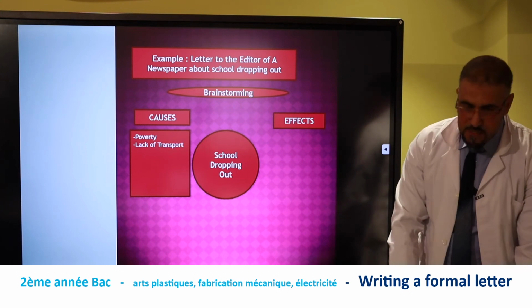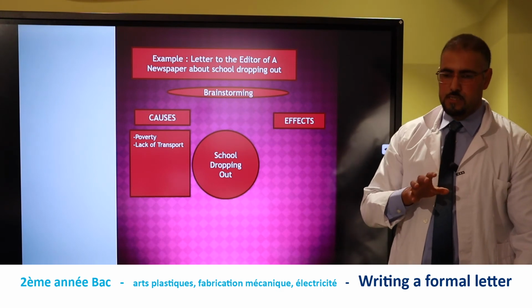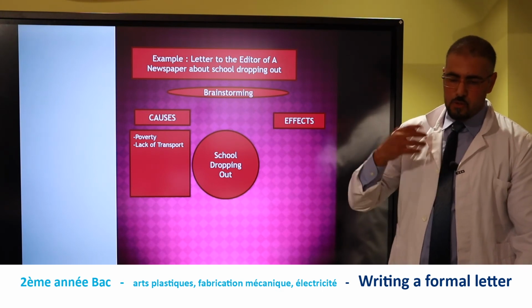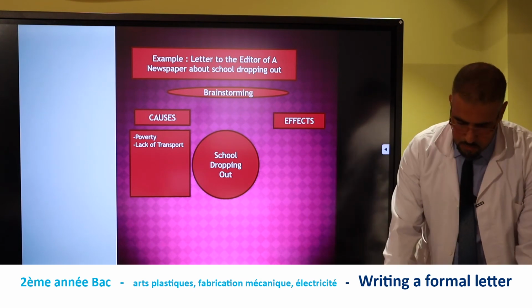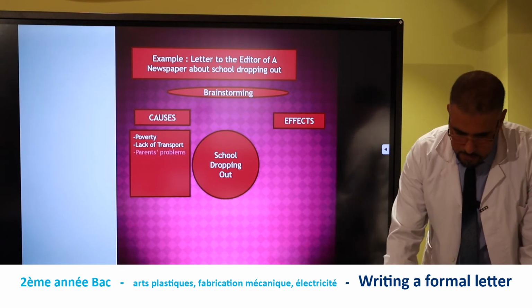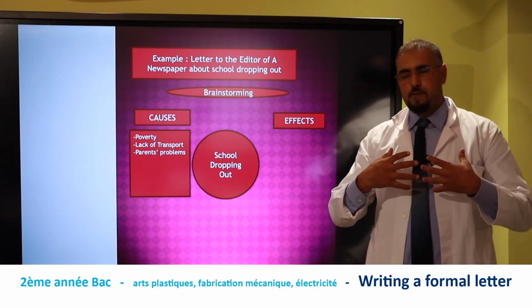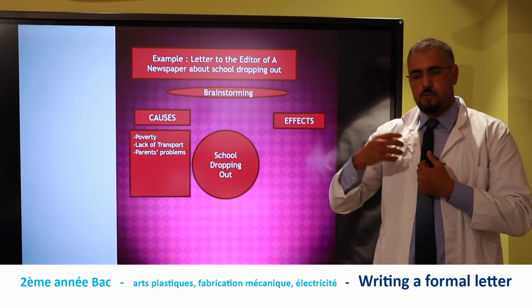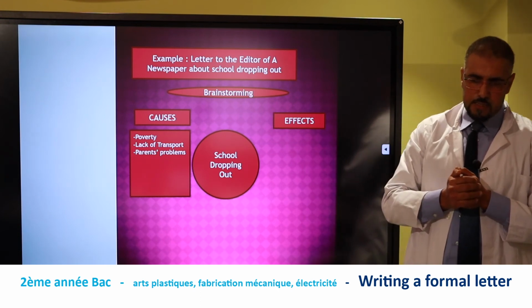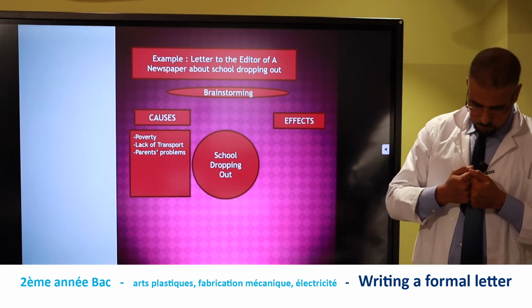Yes, lack of transport, and this problem we find in the countryside. Schools are very far from home. And parents' problems. Sometimes we have divorce. A family where the wife is in one place, the father is in one place, and the children are separate.